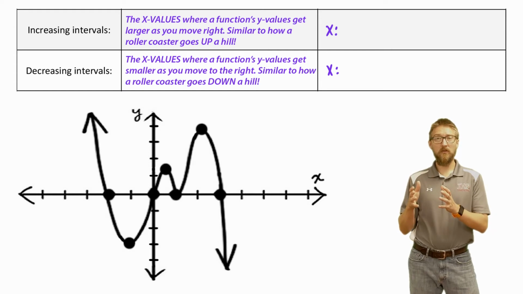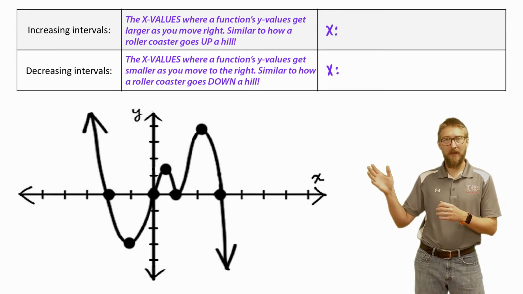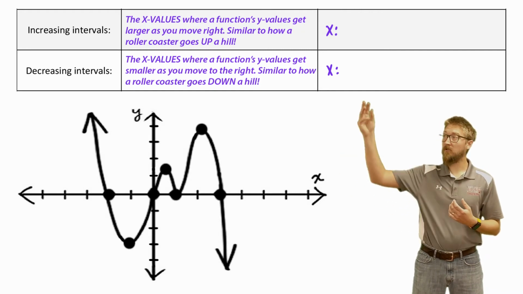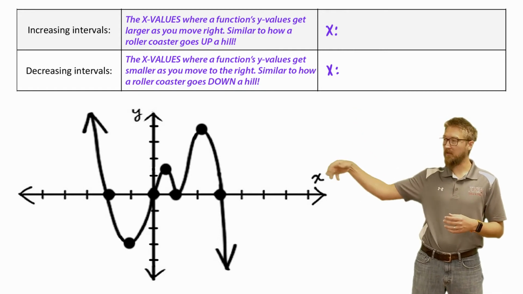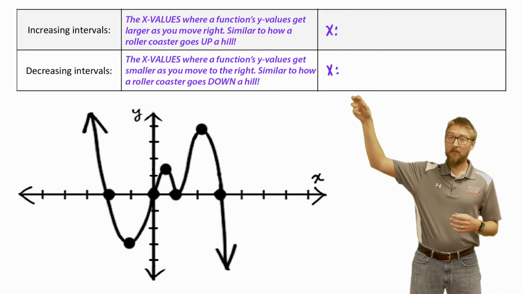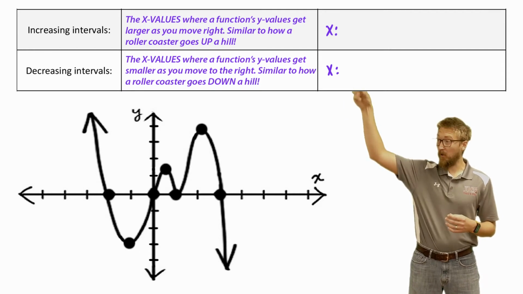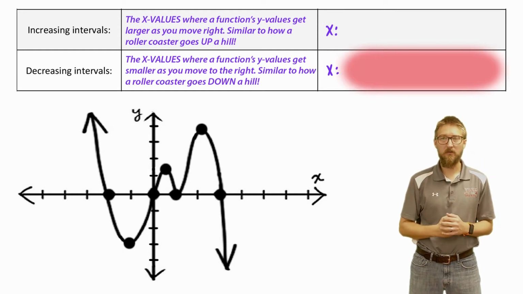If we are traveling along this roller coaster, you have to get on all the way at the left. Now going over there, the graph itself starts up above the x-axis, and so we're starting all the way up here. We had to climb the stairs to get to the top of the roller coaster where you get on. So we're getting on the roller coaster, and the first thing that happens as soon as we start is we go down a hill. Now that idea should say decreasing in your mind.